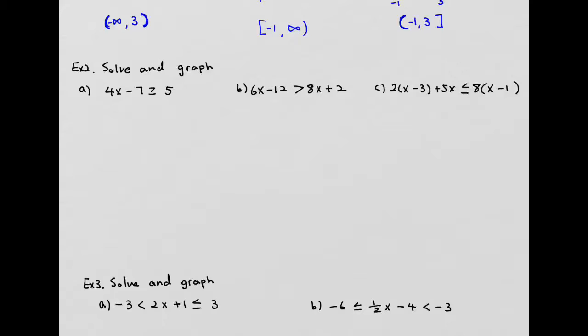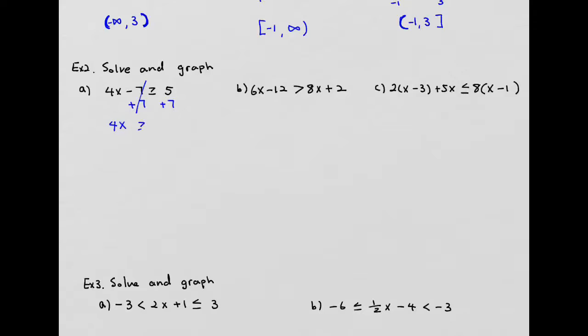So let's just look at the first example. It's 4x minus 7 is greater than or equal to 5. So in order to solve this, the first thing I will do is add 7 on both sides, because we're trying to isolate x, right?